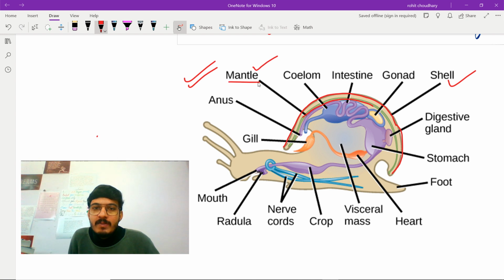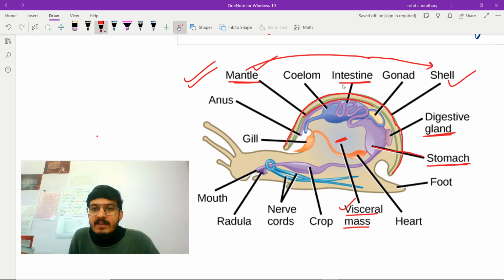This mantle will be secreting this shell. We can see the visceral mass here. This space is known as the visceral mass, and here lies the stomach. We can see the digestive gland as well.